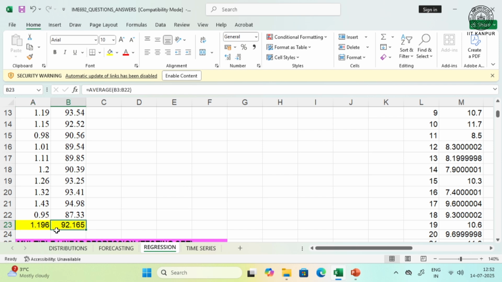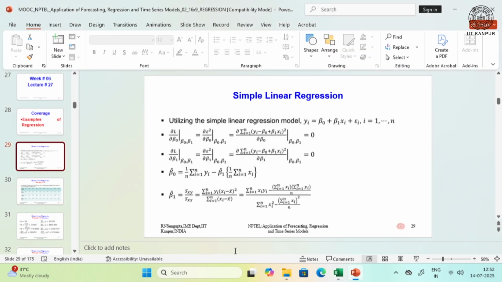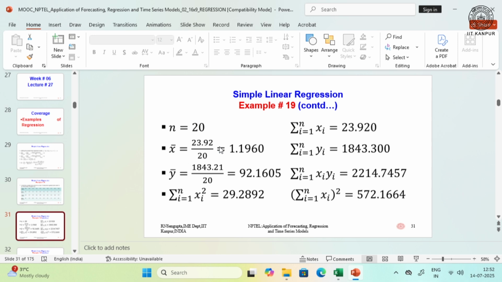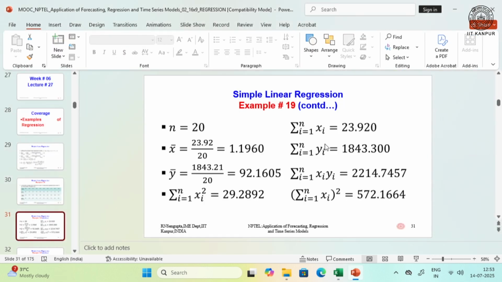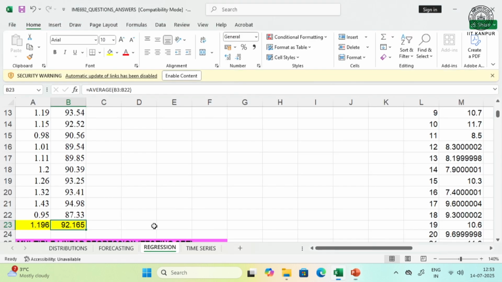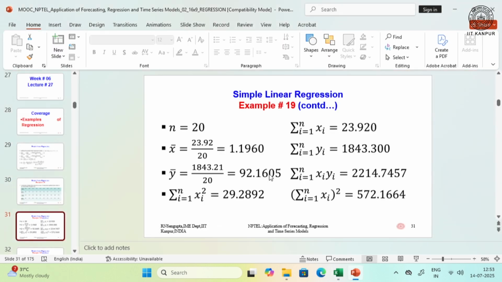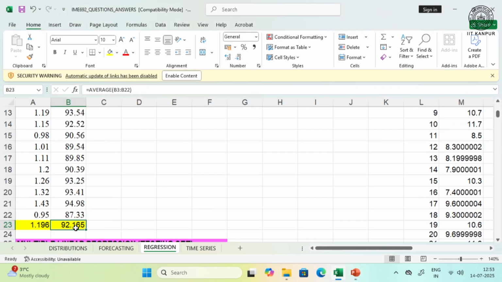It is 1.196 and 92.167. Let us go back to the slide. If you see, n was 20, the average value of x bar was 1.196, which you have found out. Similarly, the value of y bar is 92.16, 2 decimals is fine.